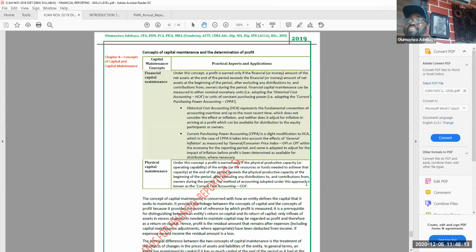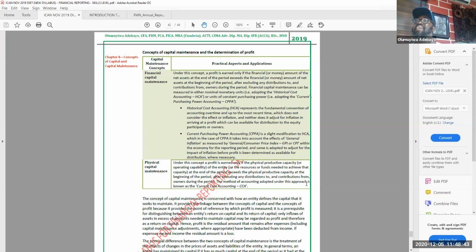Which means if there's no new capital injected into the business and your net asset at the end is greater than at the beginning, it then means you have made a profit. Or if new capital is introduced, you will have removed that new capital from your net value at the end. And once that net value at the end still exceeds the beginning, it means you have made profit. That is how profit is defined by way of financial concepts.